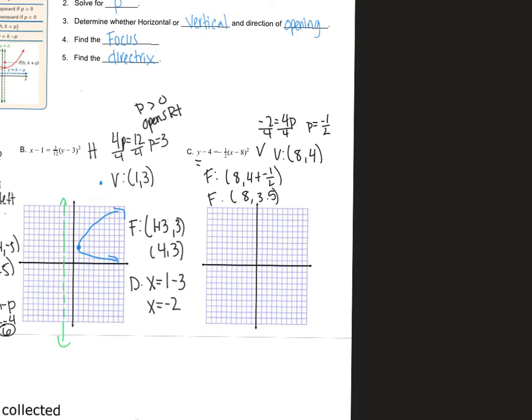And then my directrix is going to be y equals k minus p. So y equals 4 minus -1/2. So y equals 4.5. All right, so let's go ahead and plot my vertex. My vertex is at 8, 4. So 8 is here, 1, 2, 3, 4. My directrix is next, y equals 4.5.